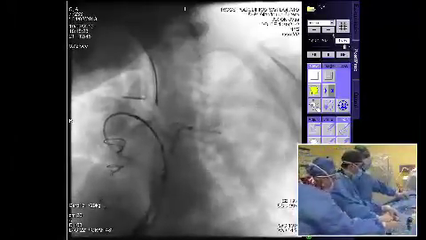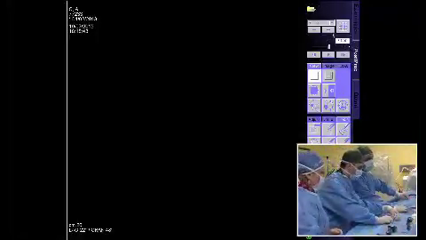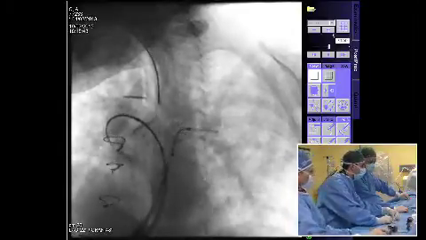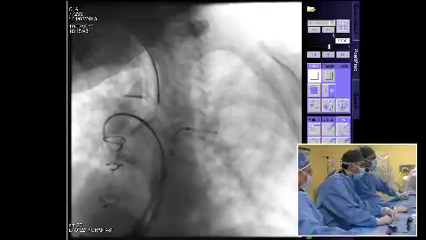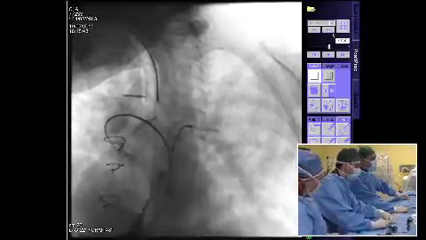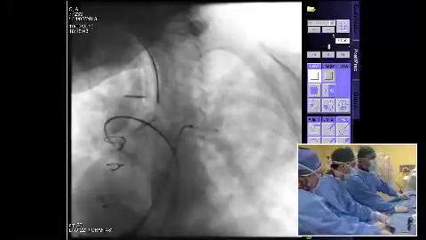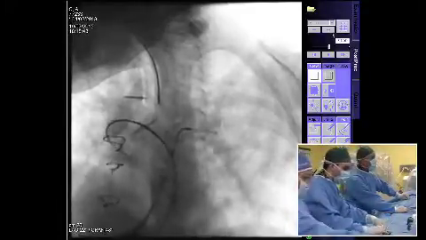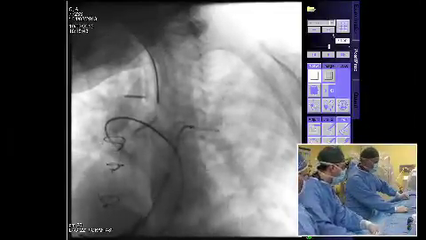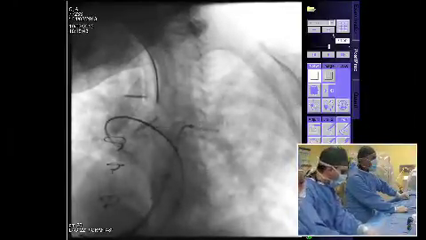It looks beautiful so far. Okay, we have almost finished it, Philip. We just have to retrieve the balloons and measure proper pressures, because right now, even with the balloons inside, pressure in the right ventricle is half systemic, so probably it's even less without balloons inside.